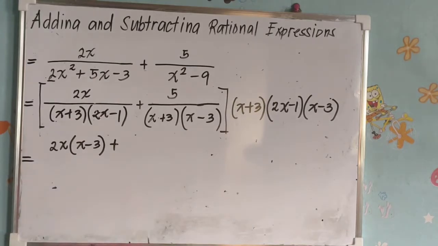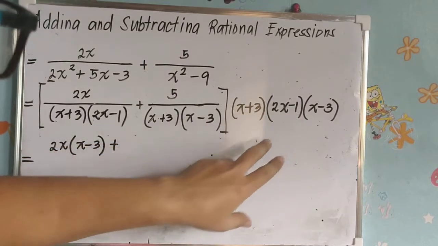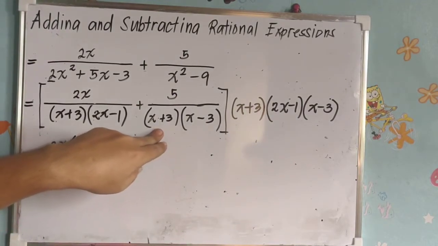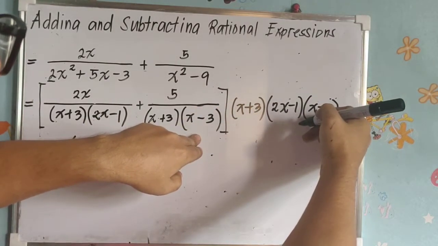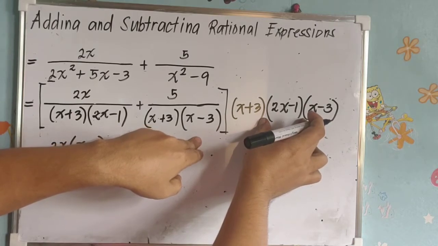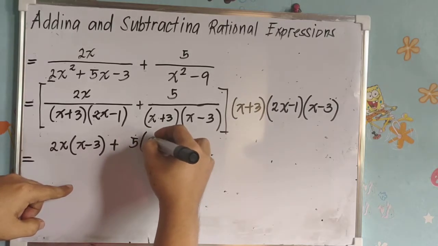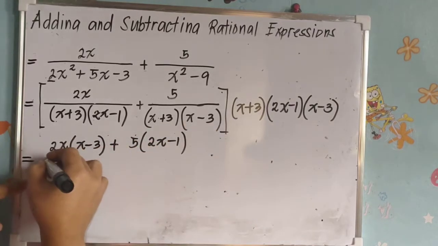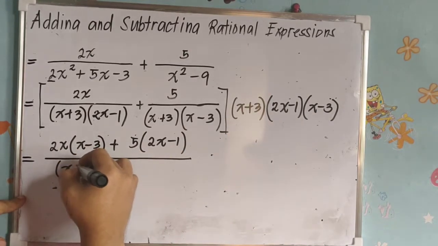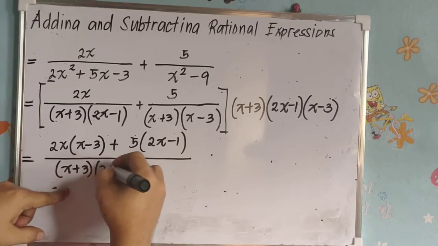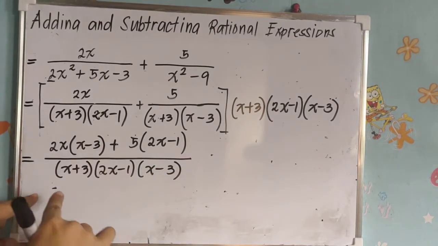And then plus this rational expression times the LCD. So look at factors that will be cancelled. x plus 3 will be cancelled here, and x minus 3 will be cancelled out. So the remaining factor is the quantity 2x minus 1 times 5. So we have 5 times the quantity 2x minus 1 all over the LCD, the quantity x plus 3 times the quantity 2x minus 1 times the quantity x minus 3.